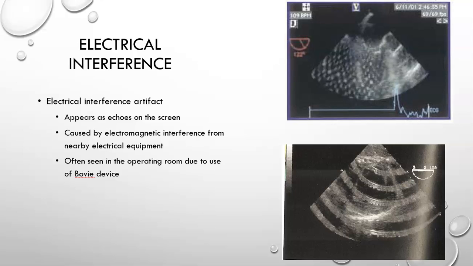And these weird looking artifacts like this are all from electrical interference. And it's often due to the use of Bovie devices in operating rooms that cauterize tissue. The Bovie puts out such a strong electromagnetic signal that it can easily cause this artifact to occur.